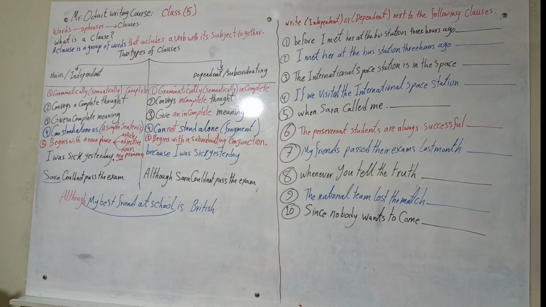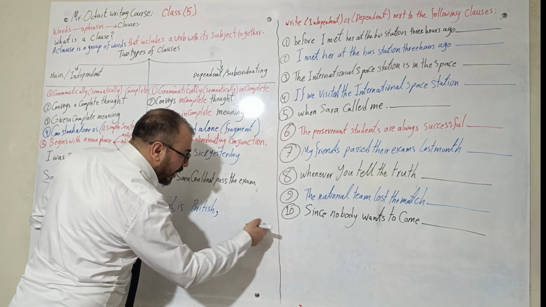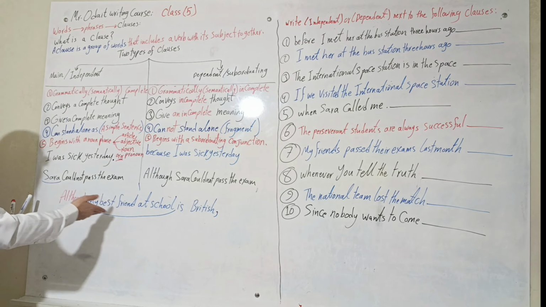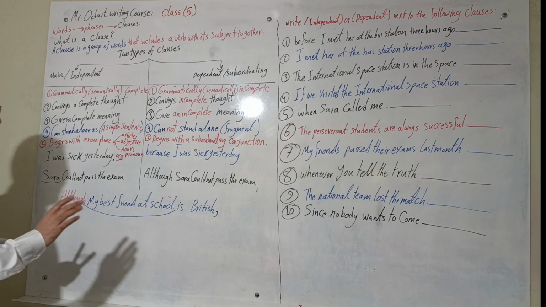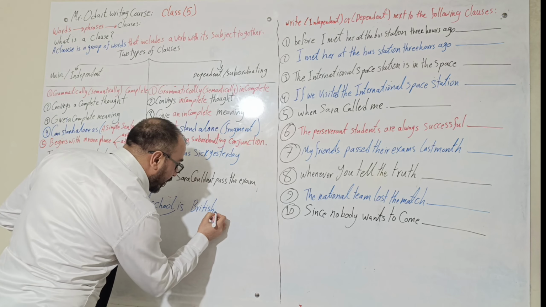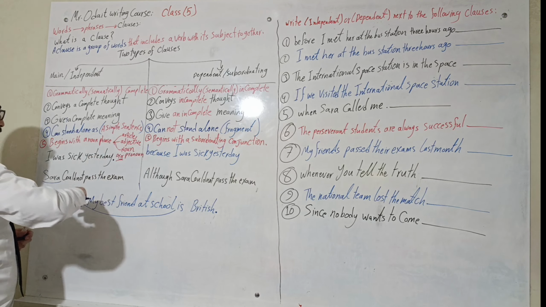If I say, although my best friend at school is British, I should add a comma here, and I should give extra information so that I can clarify the situation. Otherwise, if I add a period here, this is going to be a fragment. Why?